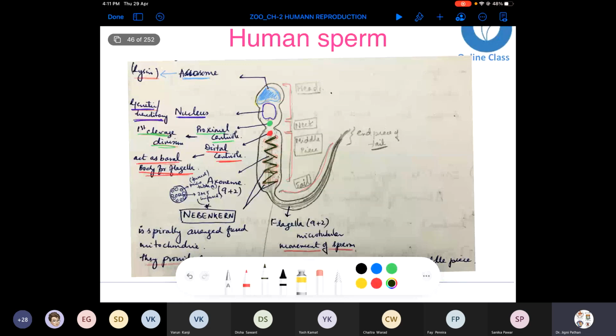The arrangement of mitochondria is called Nebenkern. Please write down what is Nebenkern: spirally arranged fused mitochondria to provide energy. So in the middle piece you have mitochondria.